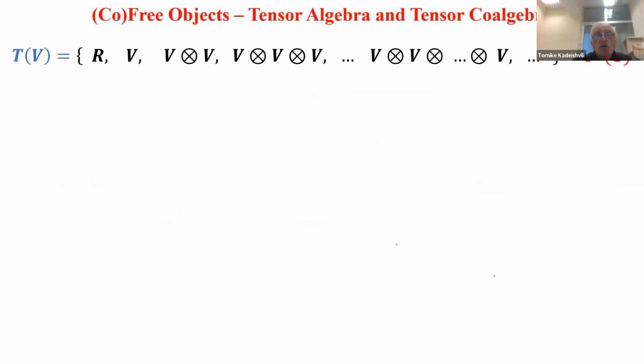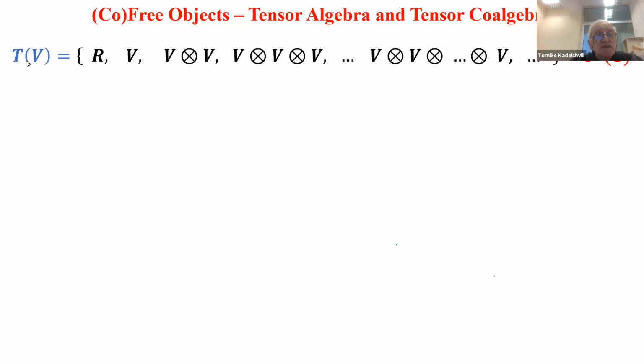First of all, I need the free algebra and cofree coalgebra. Let R be our ground ring, and V be some module or vector space or abelian group or whatever. Take this collection, V, and so on.